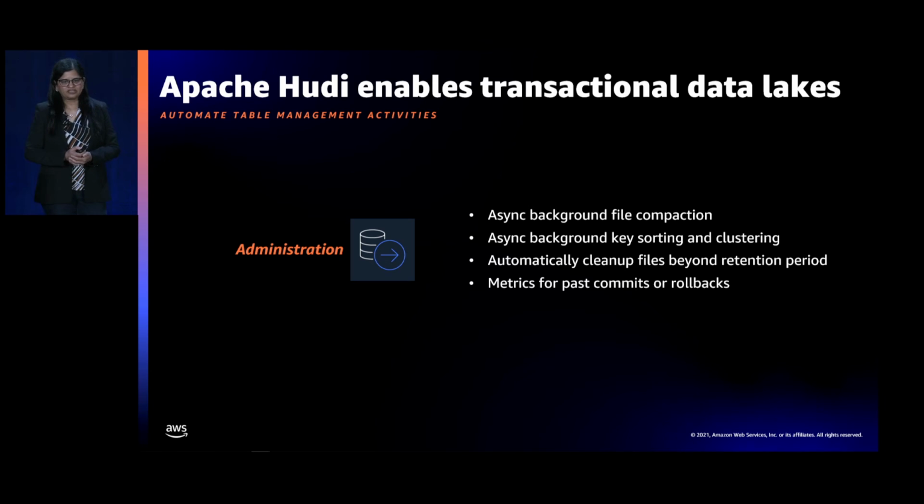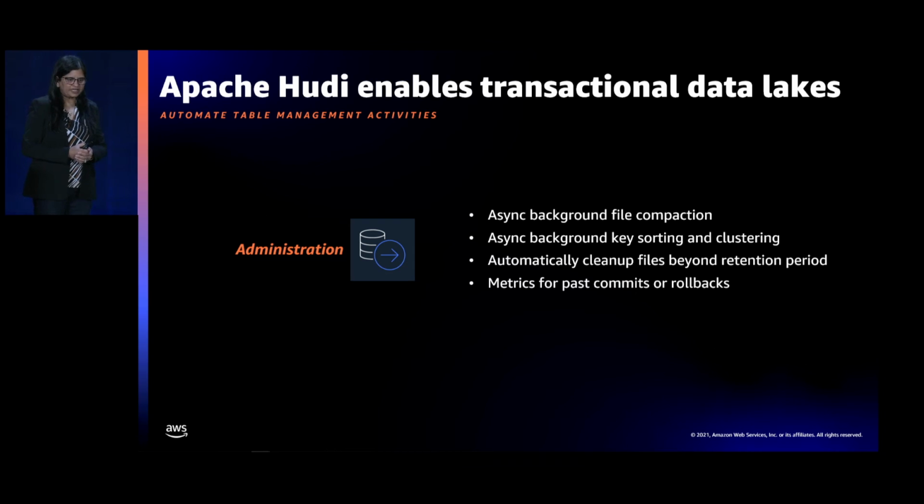The other things that Hudi offers from an administrative perspective is that Hudi asynchronously performs background file compactions. It also does background key sorting as well as clustering asynchronously. And it automatically cleans up files beyond the retention period. So there's this asynchronous process happening that automatically takes care of this, so you don't have to run extra pipelines to do these jobs.